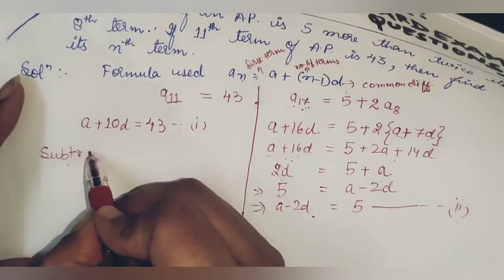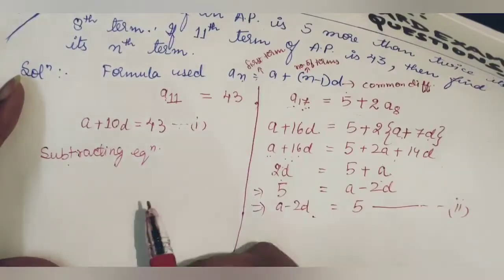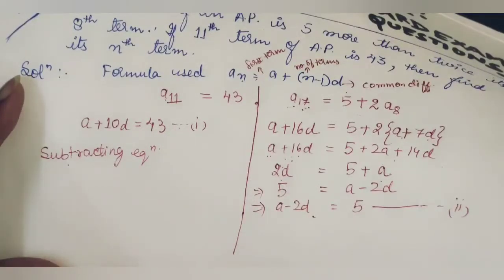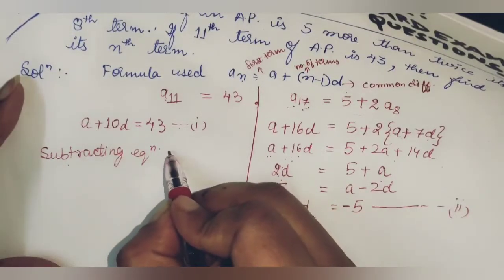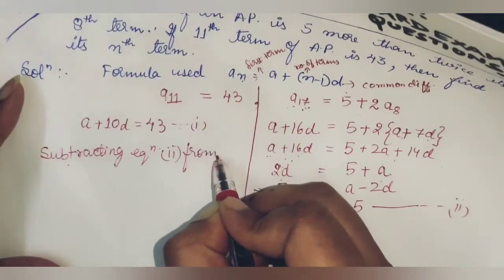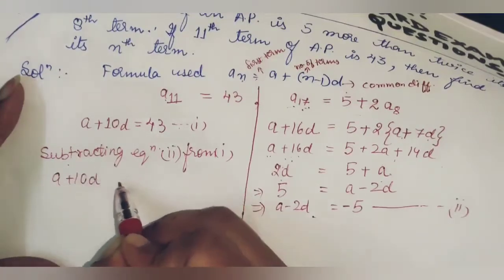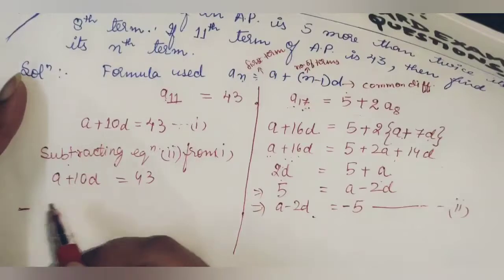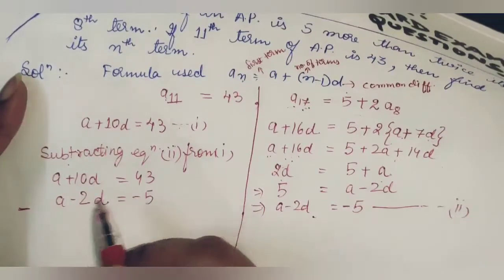Subtracting equation 2 from 1: a plus 10d is equal to 43, minus a minus 2d is equal to minus 5.